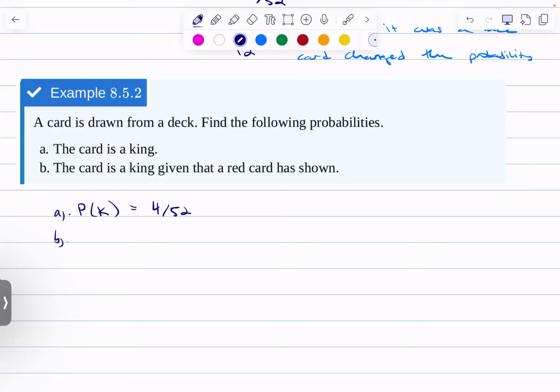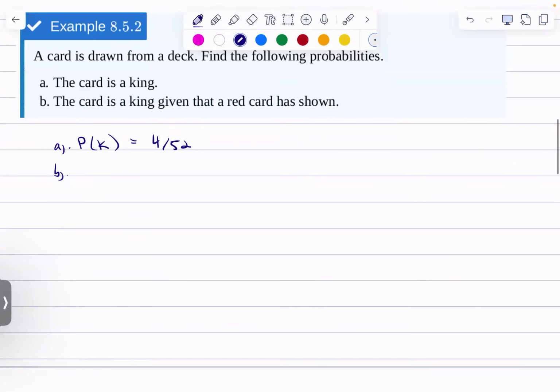What about B? We want to find the probability that the card is a king, given that a red card was drawn, I think it should say. Right. So now we know that it's a red card. And then what's the probability of a king? And so the probability of king, given that it was red, well, the probability of a king and red divided by the probability of a red.